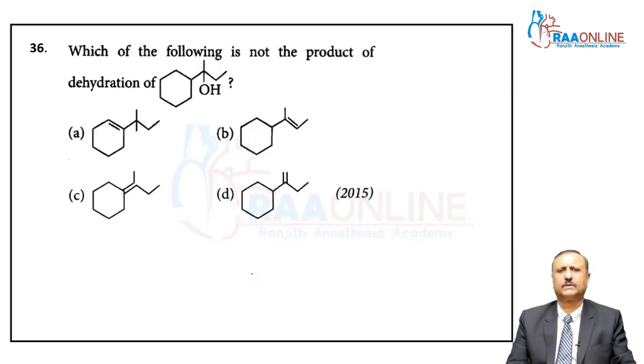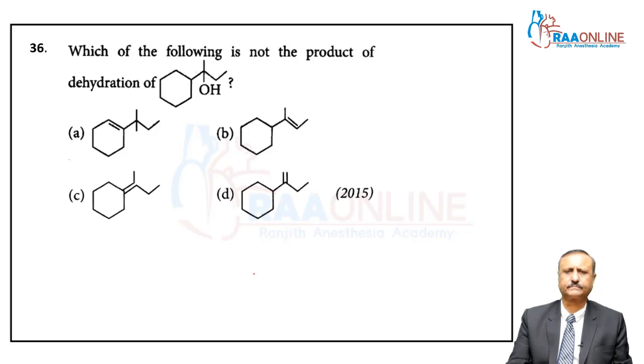Now my dear students, when we go to question number 36: which of the following is not the product of dehydration of? Here, first of all, you can see the concept and reaction. My dear students, here you can see this is the OH and H. When dehydration takes place, these OH groups are removed as a water molecule.